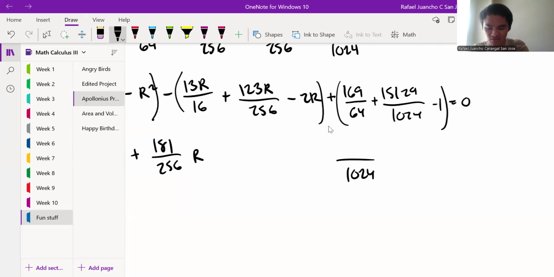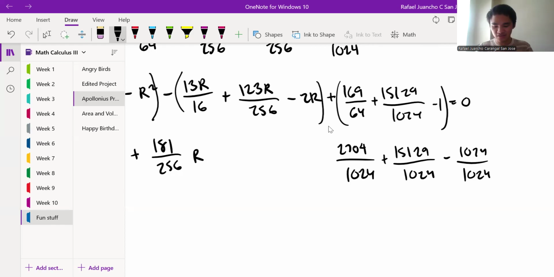Can I wait? Oh, I can make them all into a 256. Should I just do that? Actually, I don't need to. So 64, I just multiply that by 16. Lucky me. Again, nice number here. Then this is 1024.